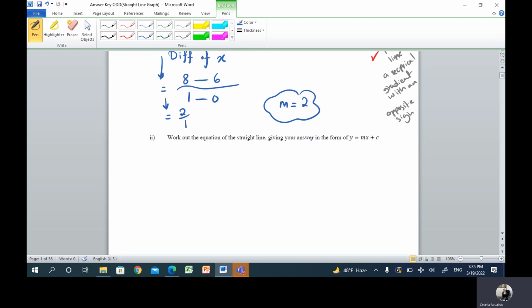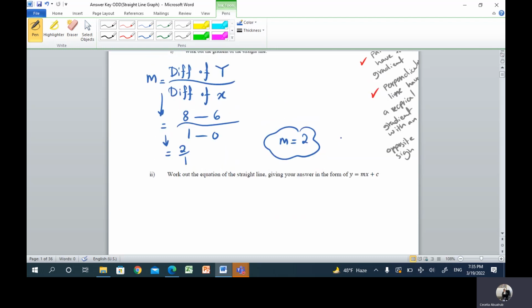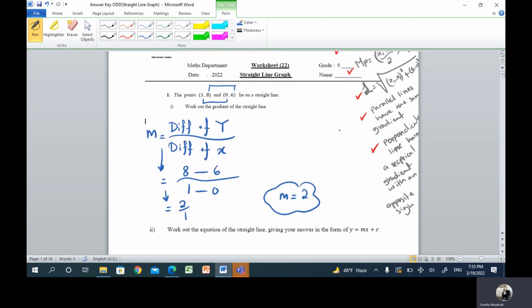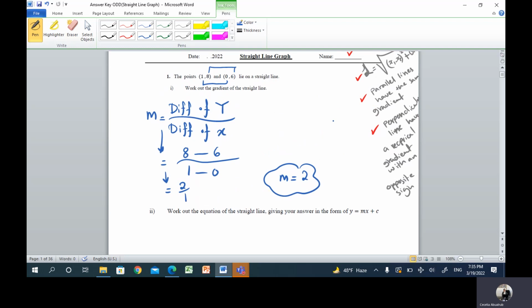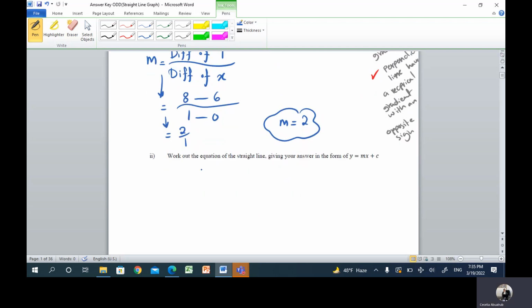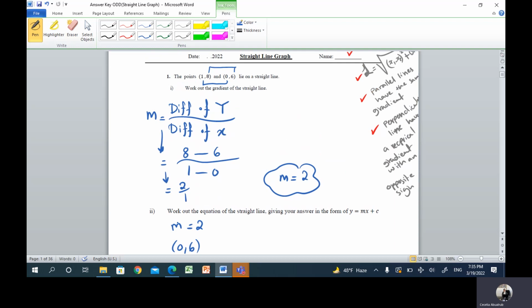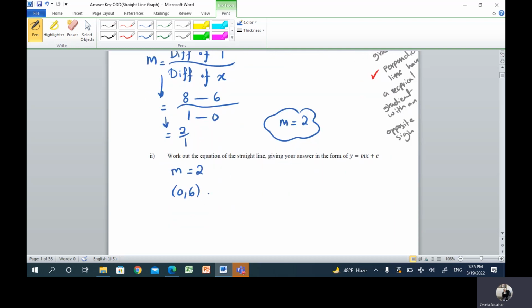Work out the equation of the straight line, giving your answer in the form y is equal to mx plus c. So now we know the gradient, m is equal to 2, and the point (0, 6) we must always remember represents the y-intercept.